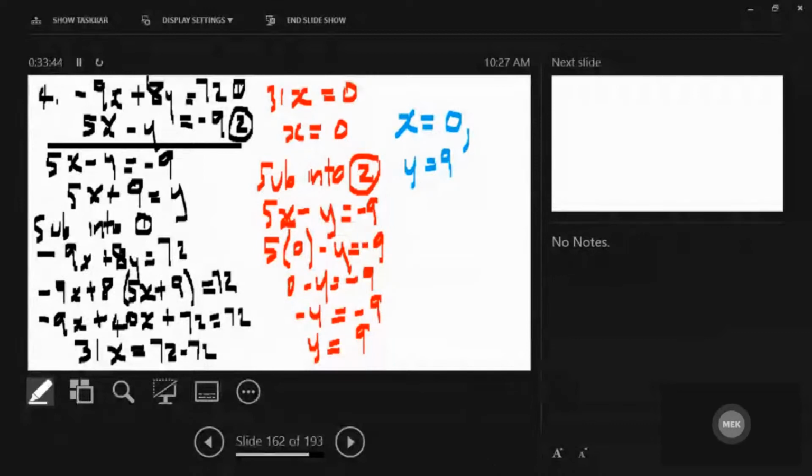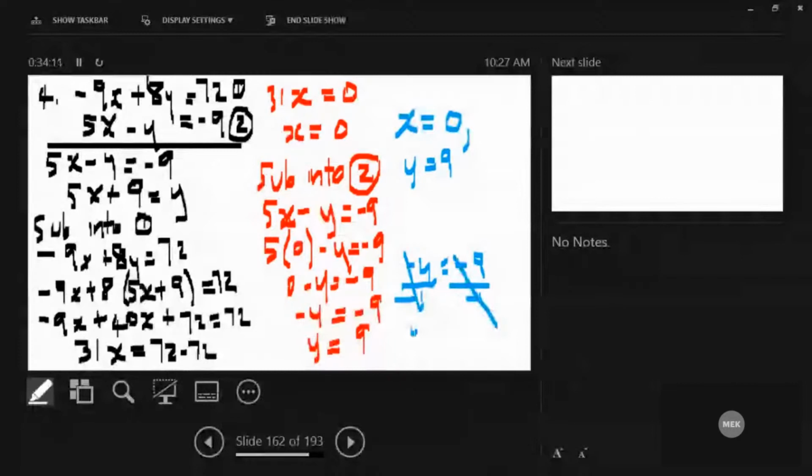So if negative y is equal to negative 9, what we're really doing, we can divide both sides by negative 1 to cancel out the negative. So negative y equals negative 9. If we divide both sides by negative 1, these two negatives will cancel out.